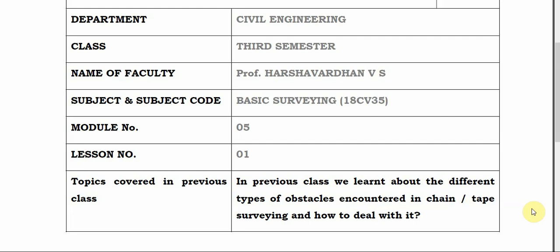Now the next category is obstacle to chaining only. An example of this category is a pond or a lake or it may be a swamp, etc. In this type of obstacle, the 2 points are intervisible.